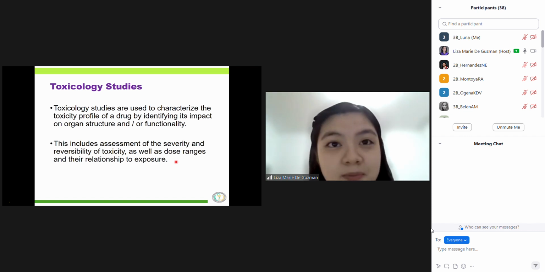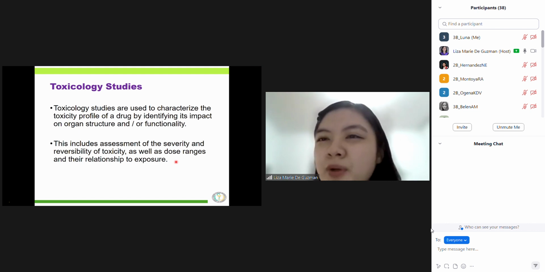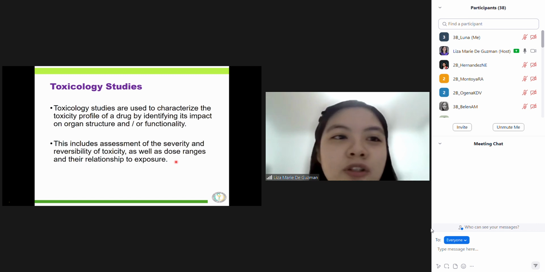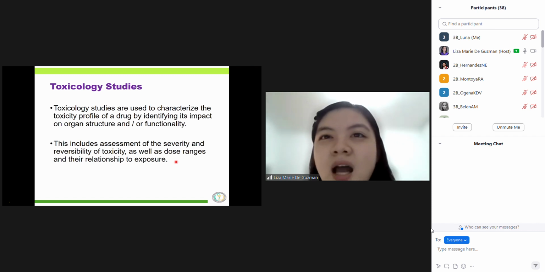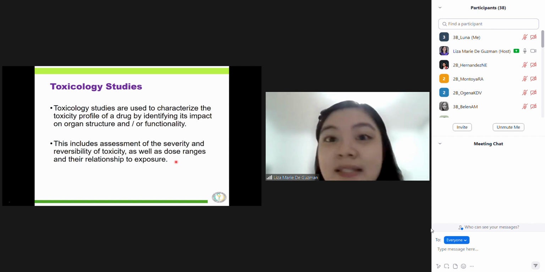Will the drug substance elicit a toxic effect when administered orally or when administered topically? One best example of that would be some of our antifungal agents. We all know, class, that not all antifungal drugs are administered orally, because some of them are administered topically. For example, our Canesten, our Nizoral, the Miconazole, Clotrimazole, Nystatin.